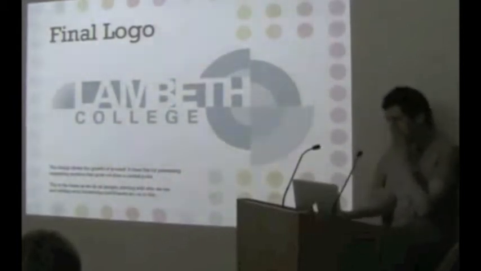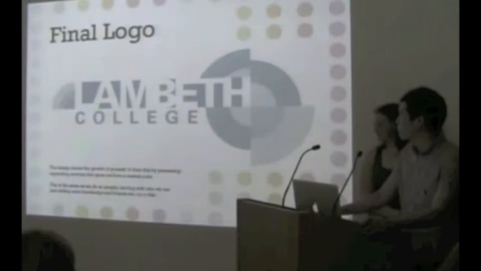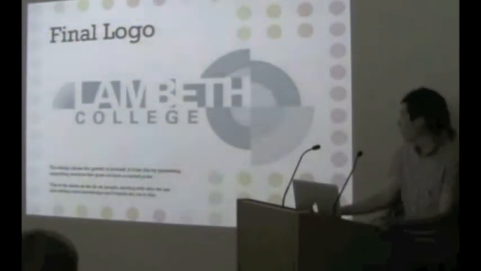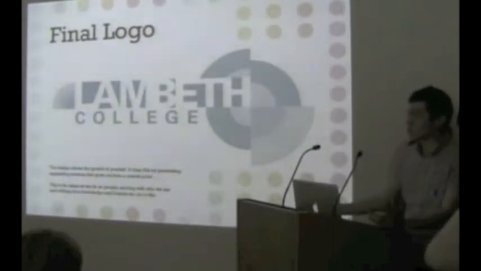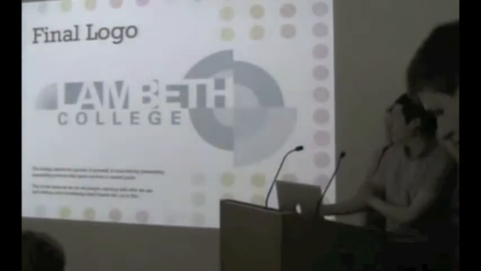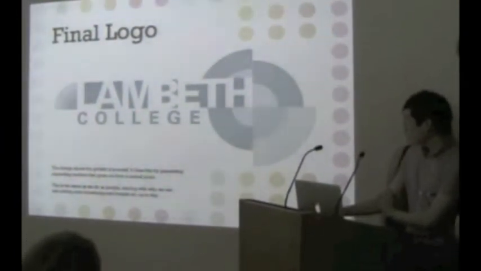Okay, as you can see, the main element of this logo is the Lambert, which is shown in its negative space. By doing this, we try to give the audience a different way of seeing college, to make it stand out from other colleges.